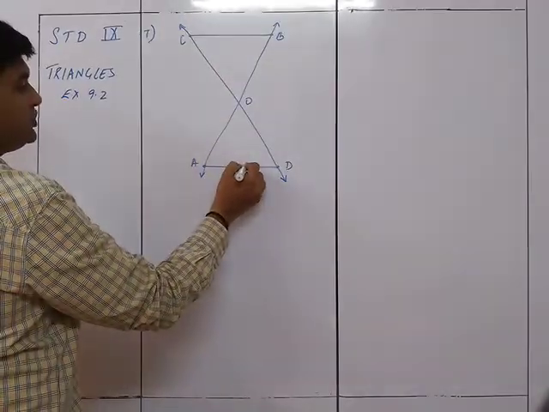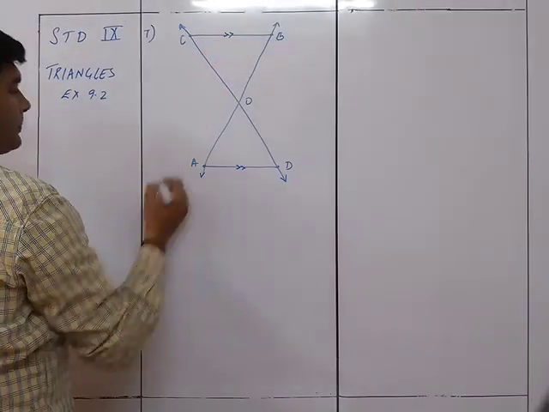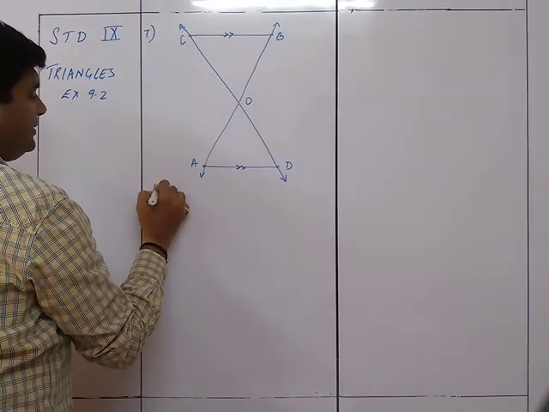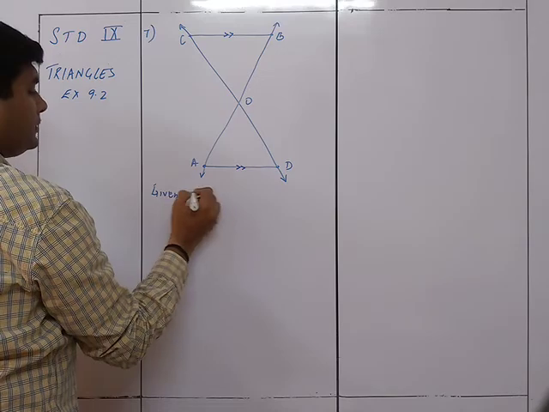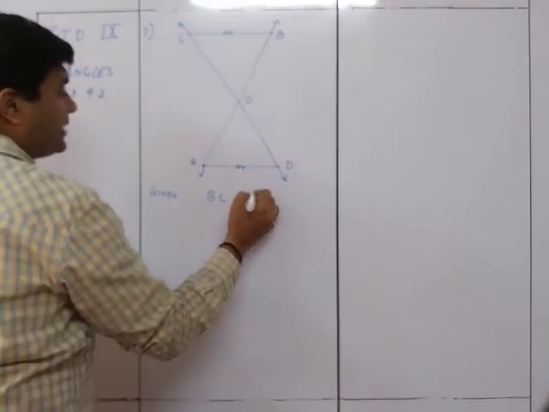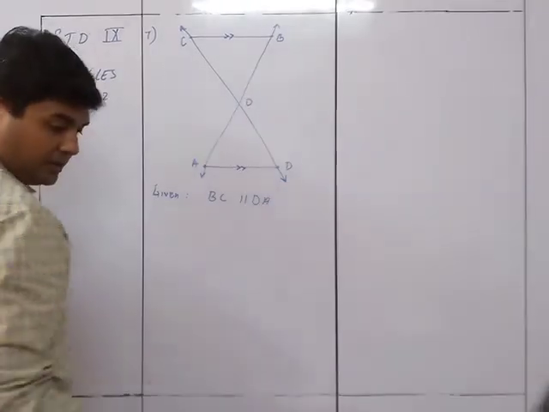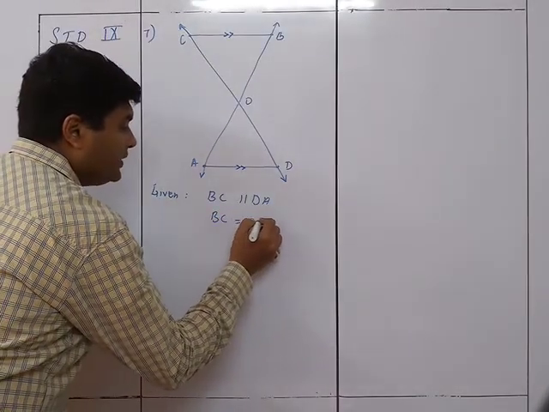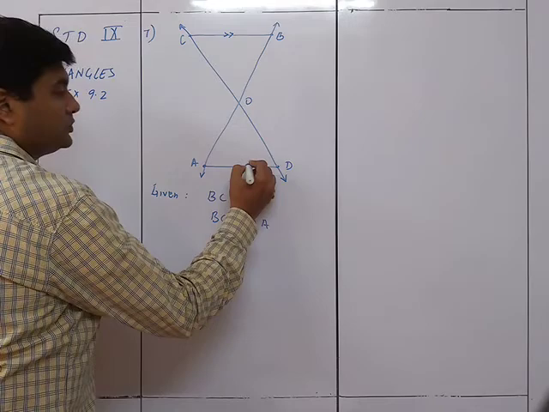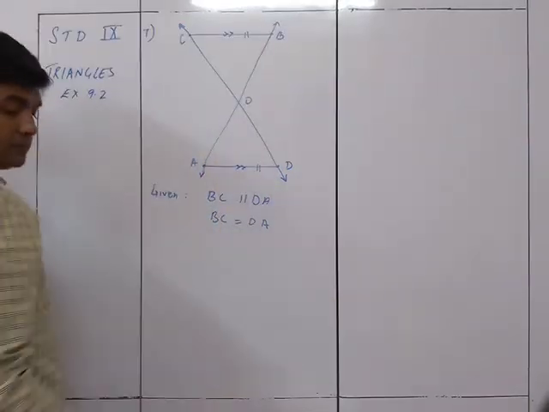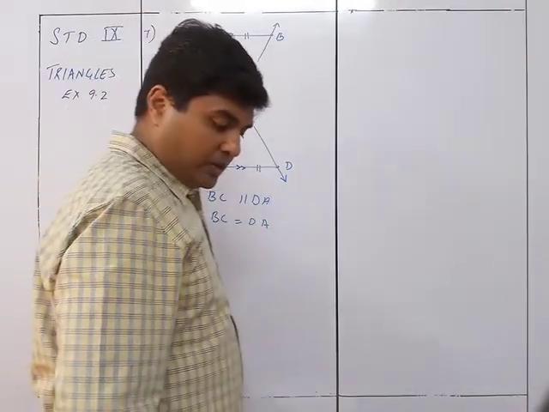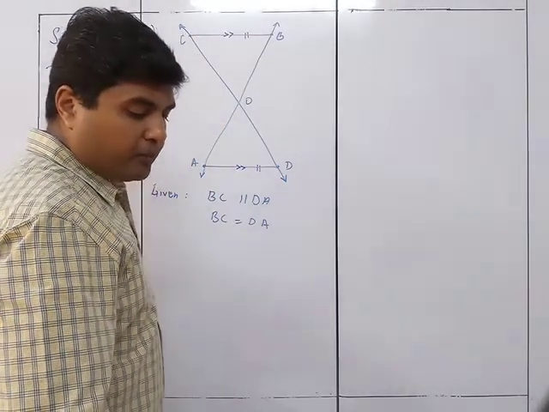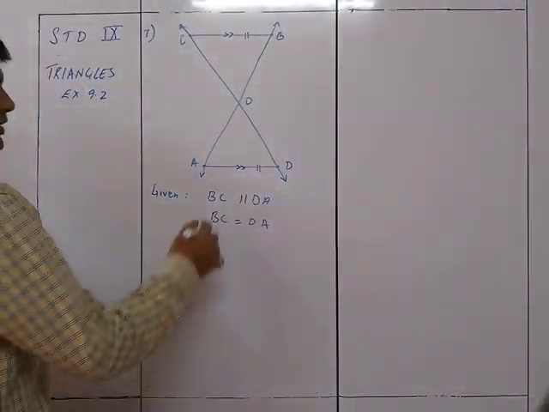So first thing given, BC is parallel to DA, and also given that BC is equal to DA. So this is parallel and also equal. Show that O is the midpoint of both the lines AB and CD. Then we need to prove that.